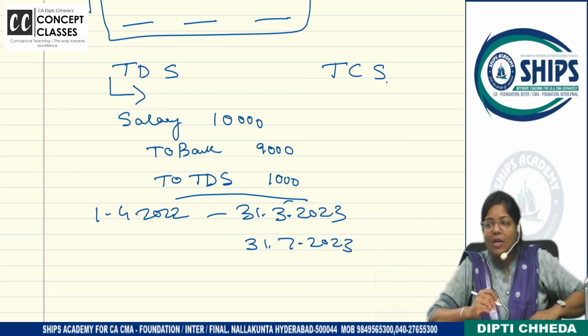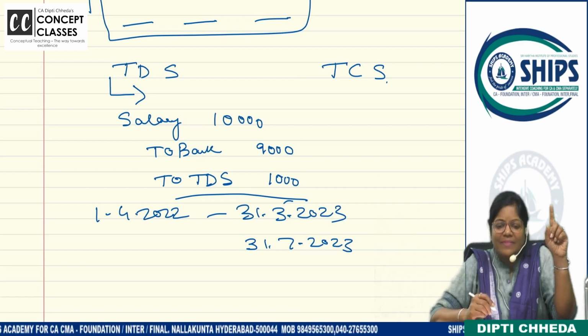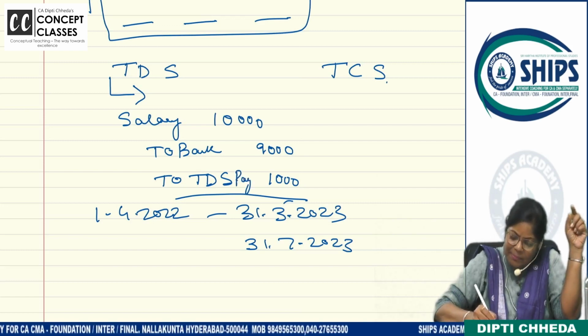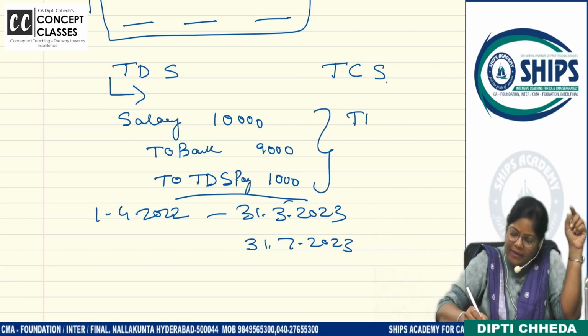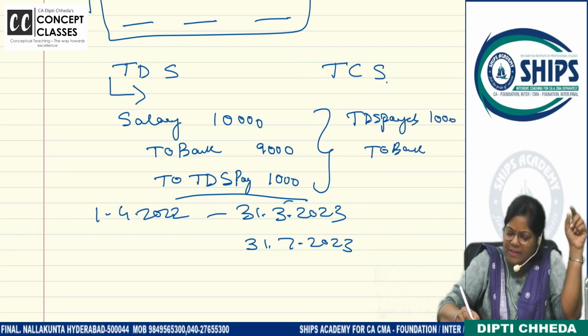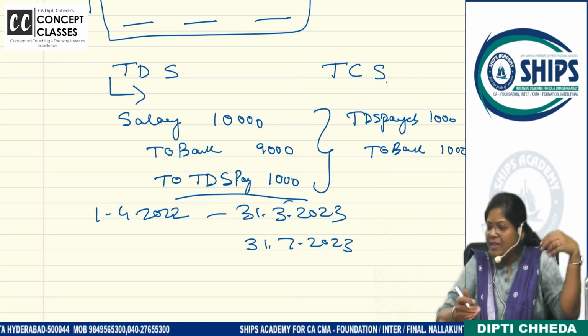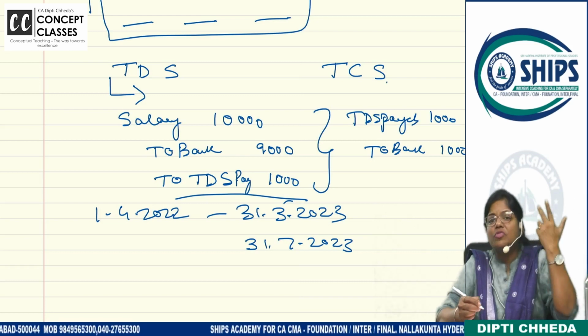And that 1,000 I cannot keep in my pocket. It is not my income. It is called as TDS payable. इसके बाद एक और entry आती है TDS payable to bank. I don't know, they don't teach all these entries. It's not here, but in our syllabus we don't have journal entries for TDS which we should actually know.